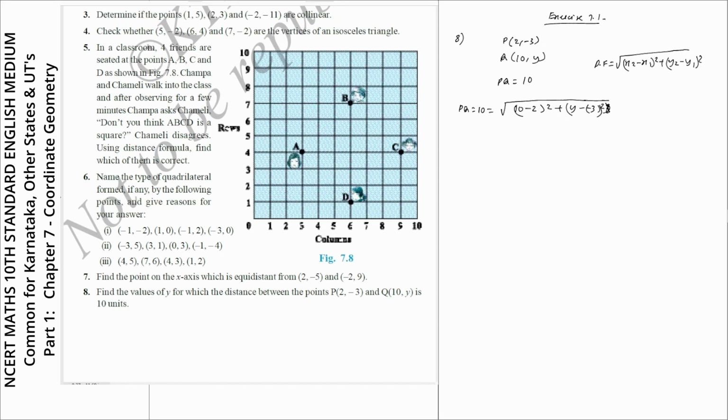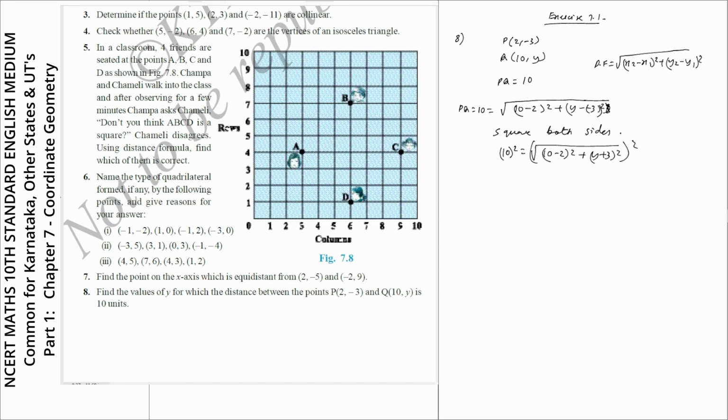So now I'll square both the sides. When I square both the sides, I'll get 10 square is equal to (10 minus 2) the whole square plus, minus into minus is plus, (y plus 3) the whole square.